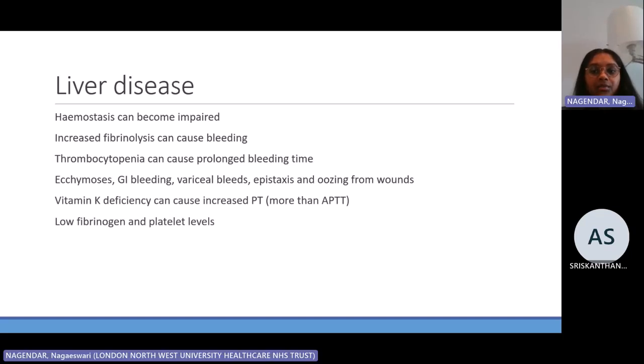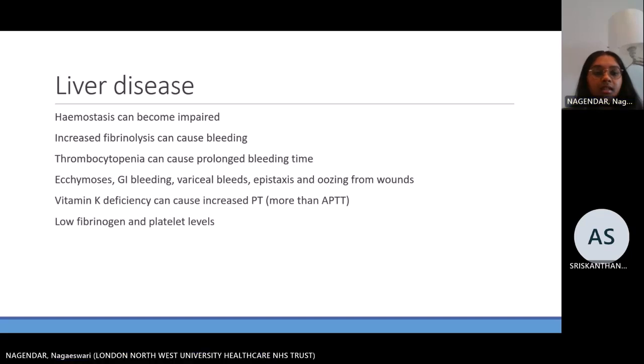Any liver damage can cause reduction in these levels, and that can then lead to coagulopathy, often due to the short half-lives as well. As well as this, they can have increased fibrinolysis, which leads to bleeding, and they can also develop associated thrombocytopenia, which is low platelets, and that can contribute to this prolonged bleeding time. And that can be quite common in liver disease.